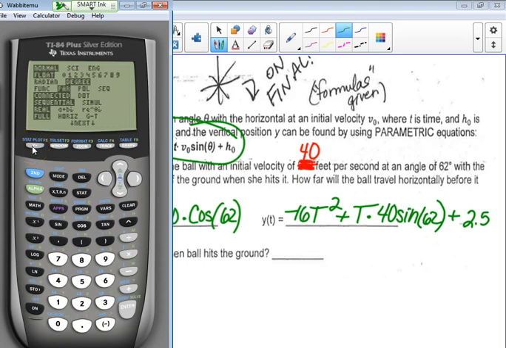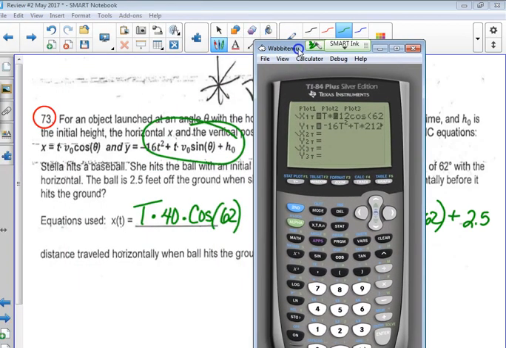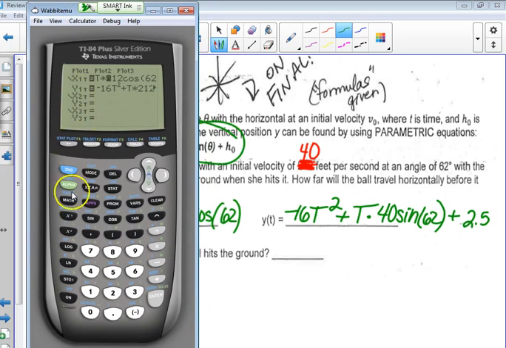I'd really feel better if everybody was doing this question because it is on the final. Yes, you have no choice but to graph it because it wants to know how far does it travel horizontally when it hits the ground, and we don't know how long it takes to hit the ground, so we have to graph it.